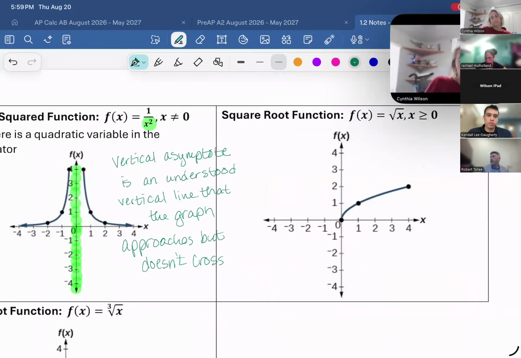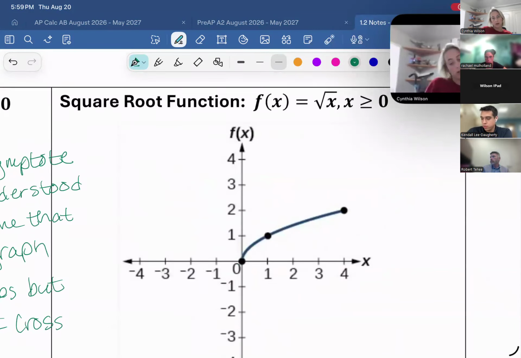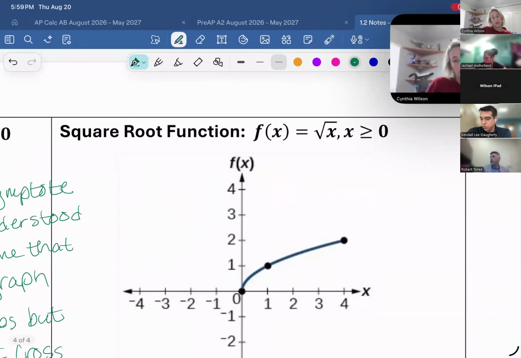Square root function. The characteristic of a square root function in the equation itself is that we have that square root. And this little guy right here that tells you that x is greater than or equal to 0 is saying that the x can't be negative.